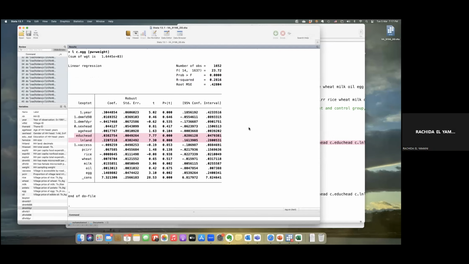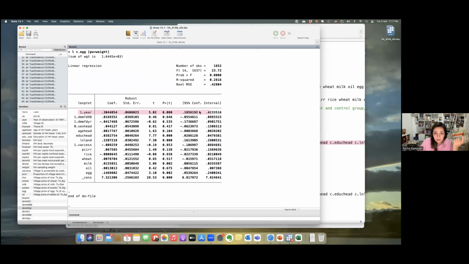And the price of milk and eggs: the price of milk and the price of eggs also have a significant effect on the total expenditure per capita of the household.